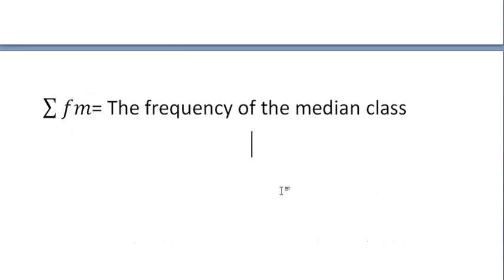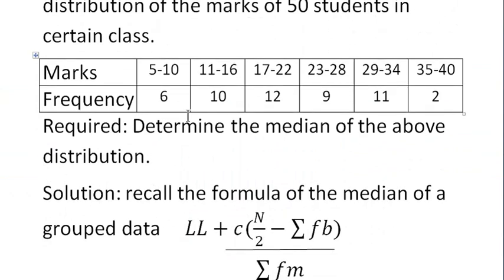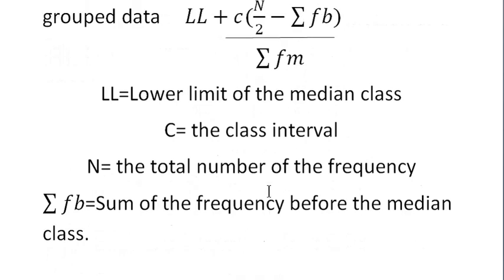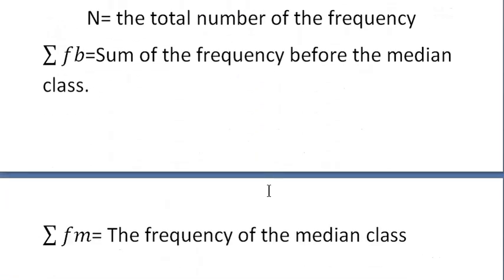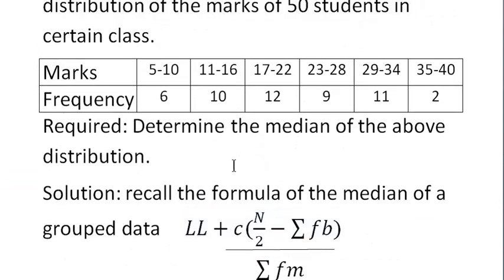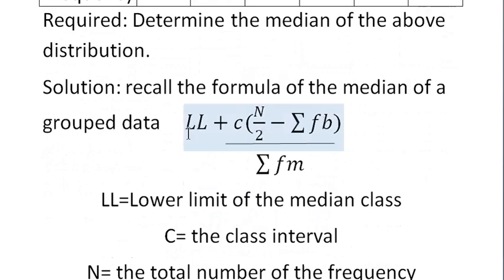Now these are the things we shall be using this data to calculate. We are going to take our time now to bring out these quantities from the data above, from the marks of 50 students. The question says we should calculate the median of the above distribution, and we are using this formula.